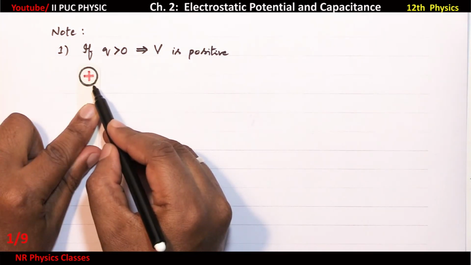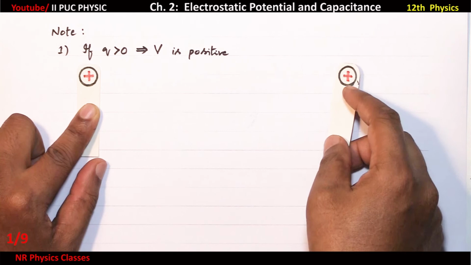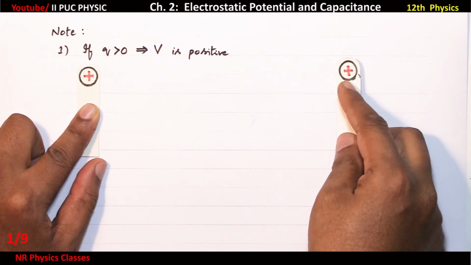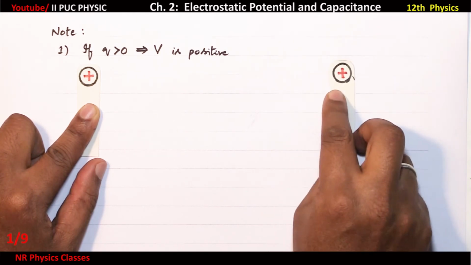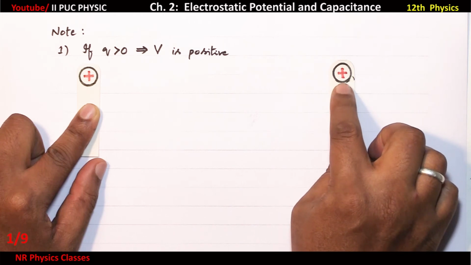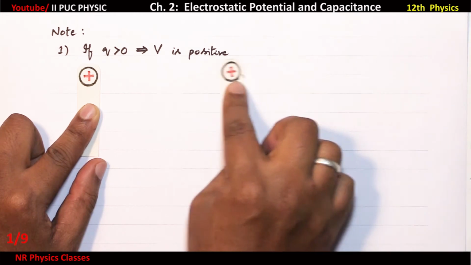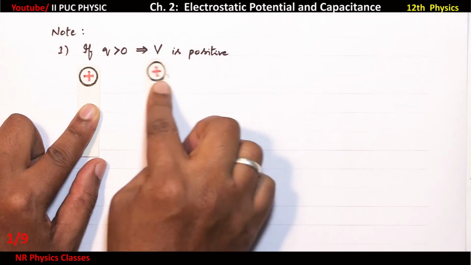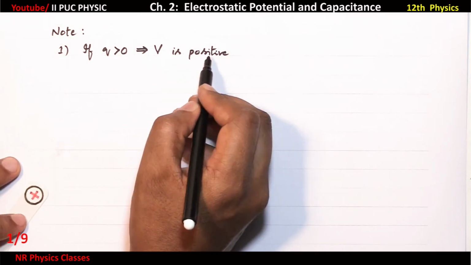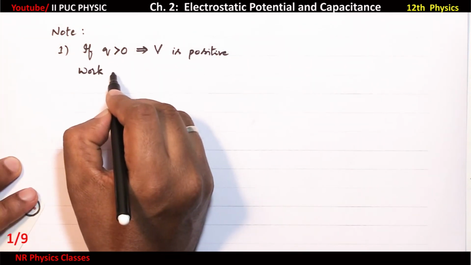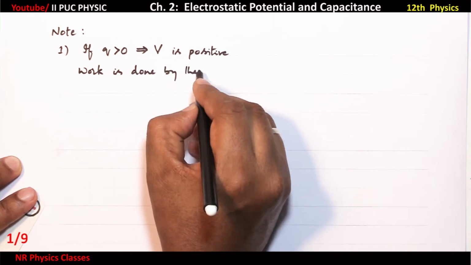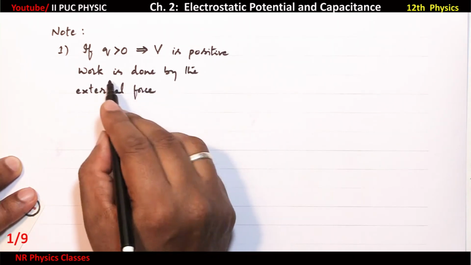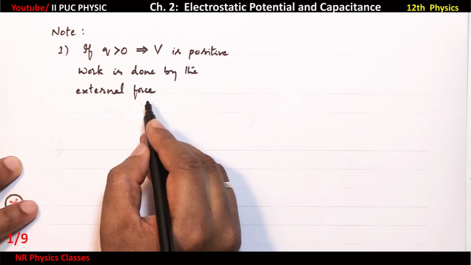If this is the fixed charge, and this is another positive charge, work is done to bring this charge from infinity to this point. So that work is done by the external force. So positive potential means work is done by the external force.